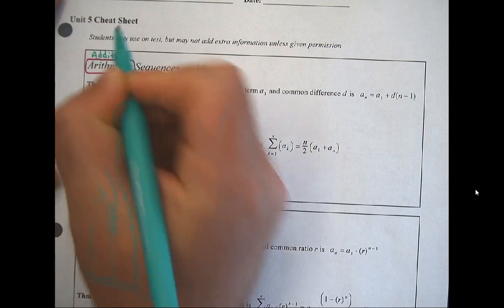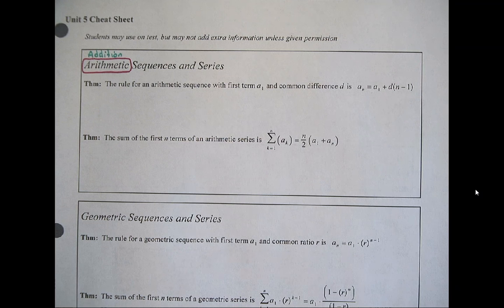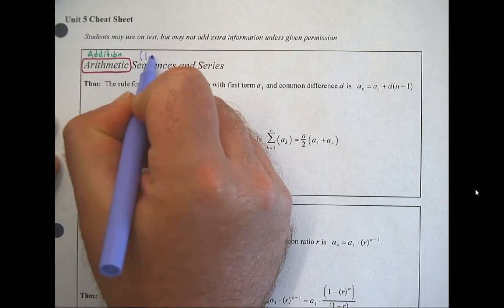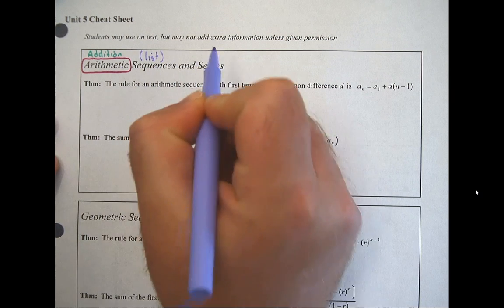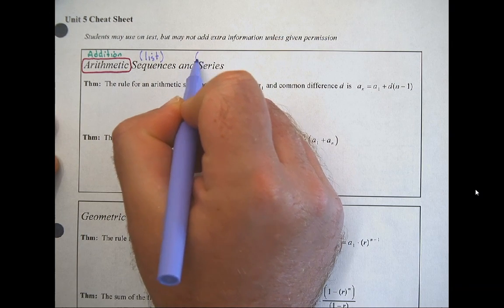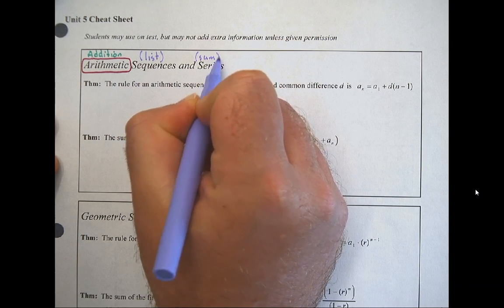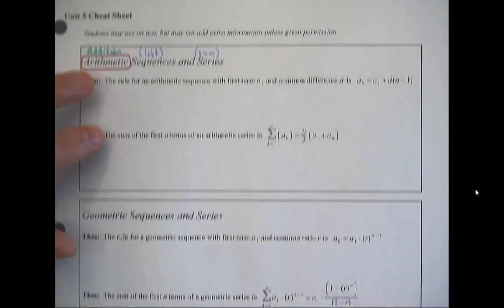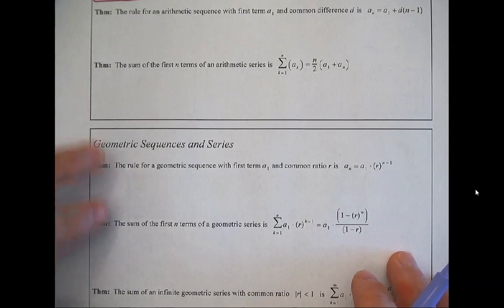It really also means subtraction, but we're going to worry about just the addition part of it now, because I could always add a negative if I need to subtract. Remember that a sequence is a list of numbers. A series is a sum of numbers. So like I said at the beginning of today's notes, there are going to be two worlds that we're going to look at. They're the arithmetic and the geometrics.